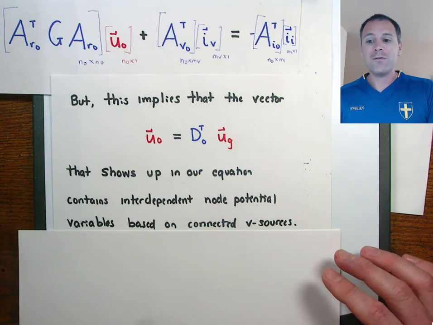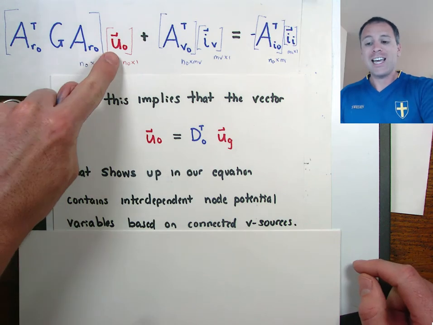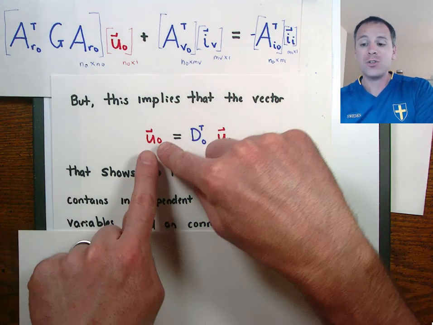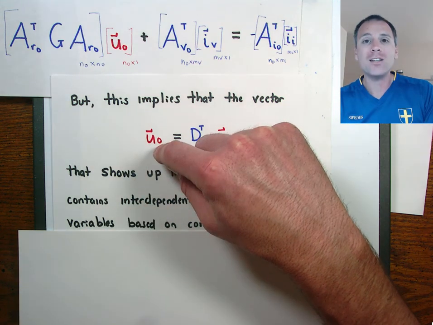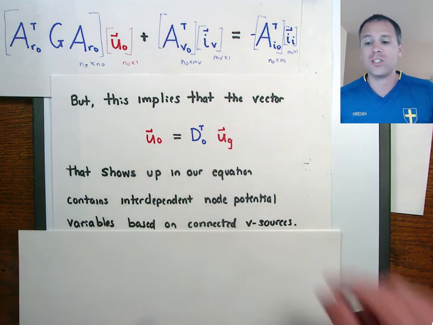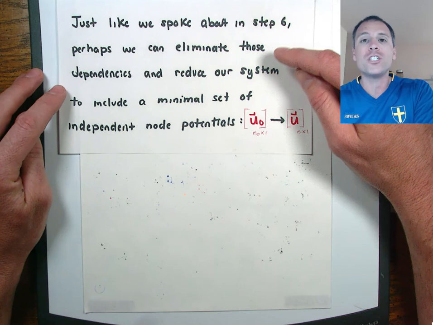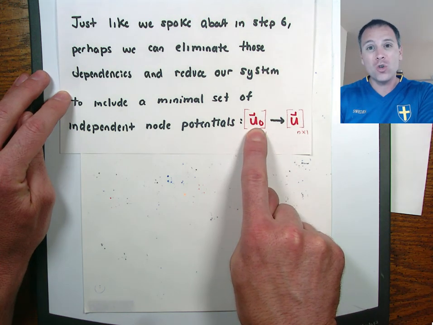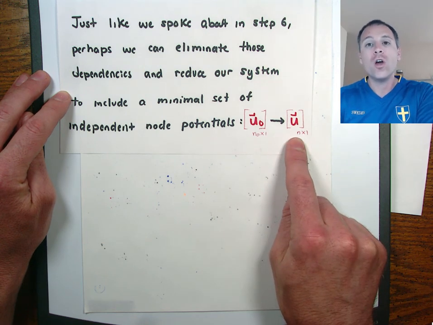We can say that in a different way: that vector contains interdependent entries, where some of the entries of this vector are related to other entries by known constants, which are the values of the voltage sources in the circuit. Just like we spoke about in step 6, perhaps we can eliminate some of those dependencies between the individual entries of U sub 0 and get down to a minimal set of node voltage potentials that govern the entire behavior of our circuit.